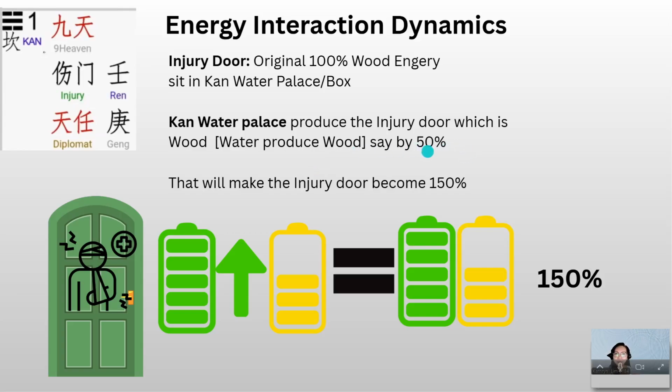It is 100% originally, and when it is being produced, it receives 50%, so it becomes 150%. All right, I hope this is a better explanation. Let's take a look at the next slide.